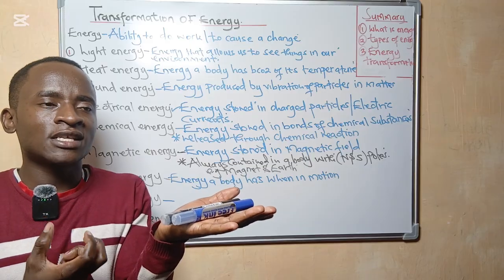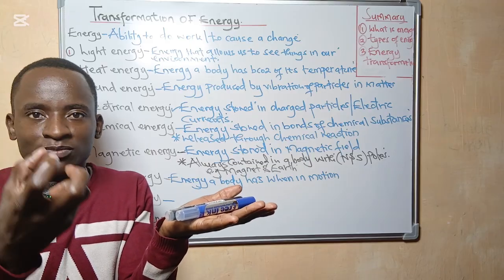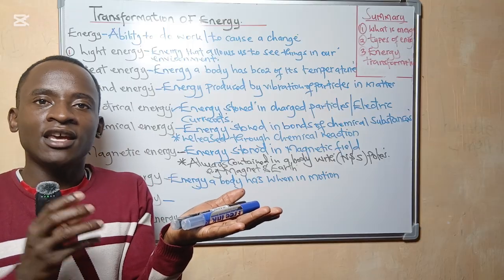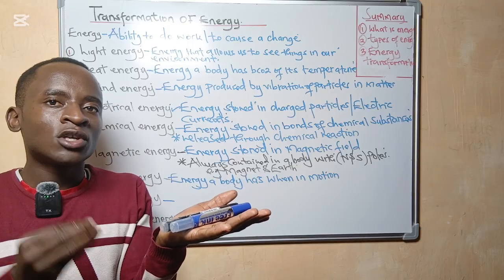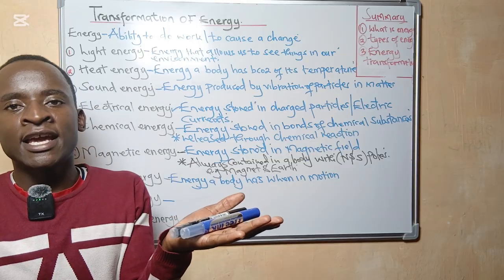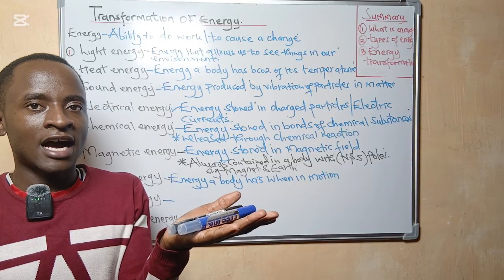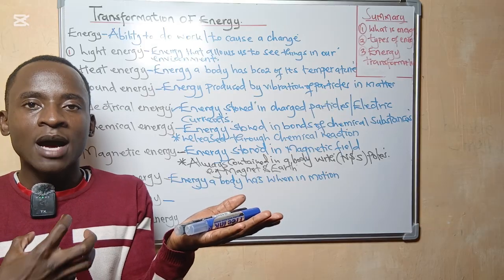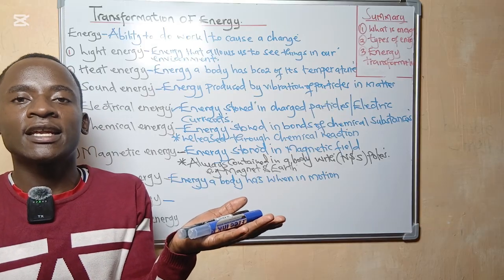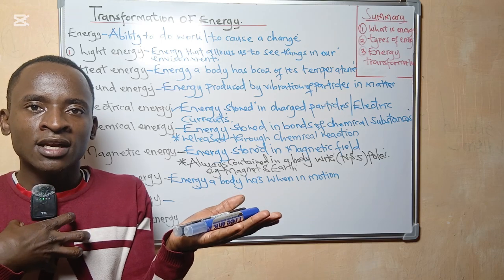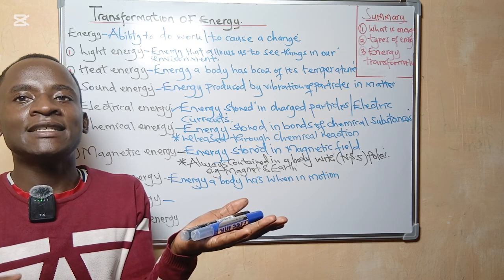This is a form of energy a body has because of its position and condition. If any object or body is not moving, it has potential energy, right? As I'm standing here communicating to you, I'm possessing potential energy. When I begin walking, the potential energy transforms into kinetic energy.